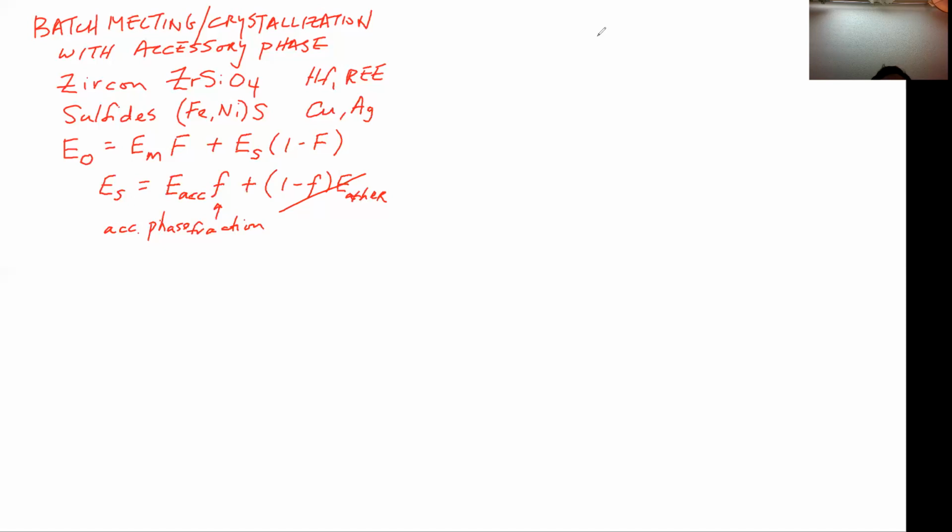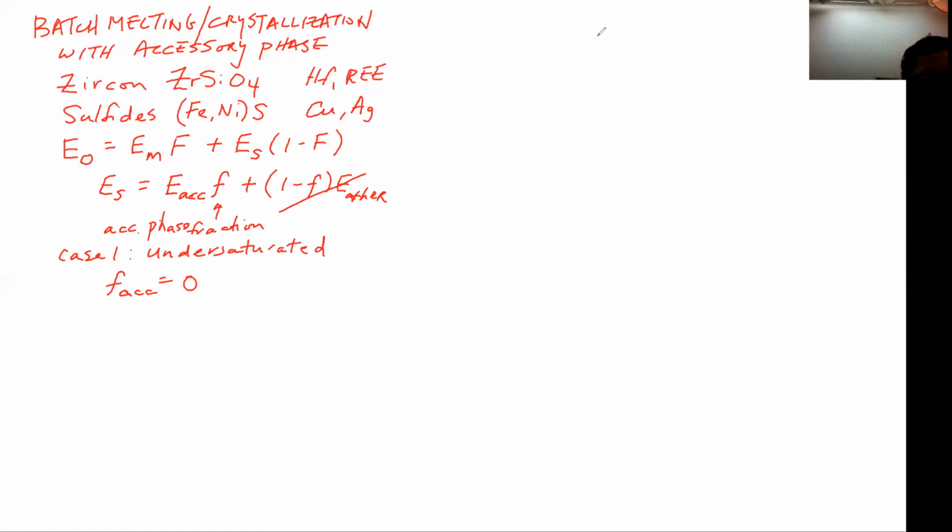So the conditions we want to look at are the two end members. First, when there is no accessory phase. That would be the case where the system is undersaturated in that essential structural element. So for sulfur, for example, sulfur contents are not high enough to saturate sulfides, so there are no sulfides. In that case, case 1, we'll call that the undersaturated state, f of the accessory phase equals 0.